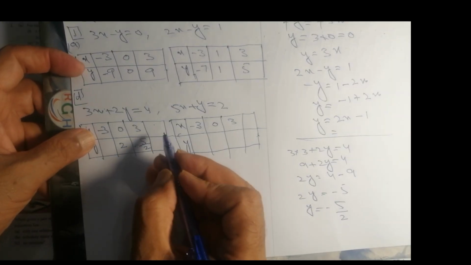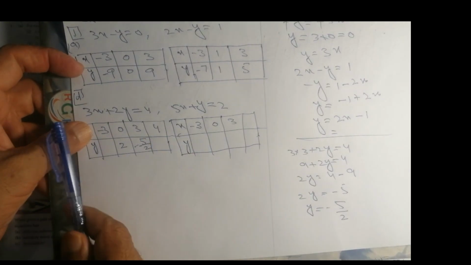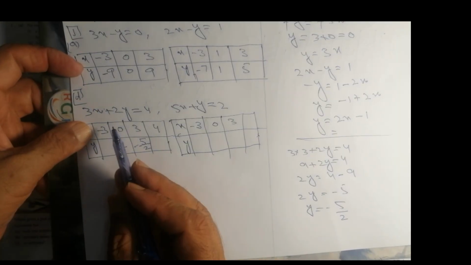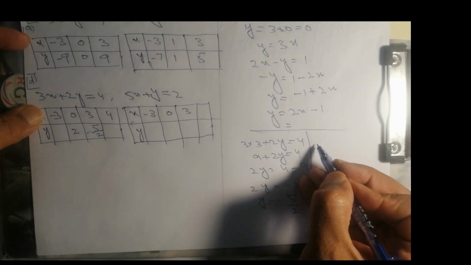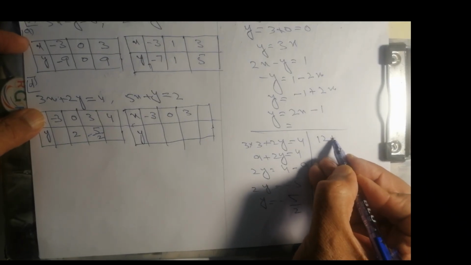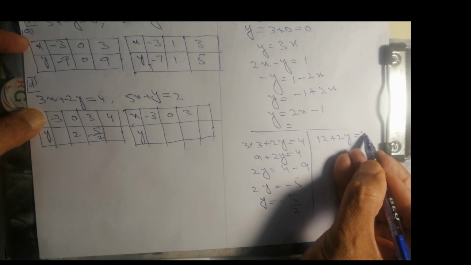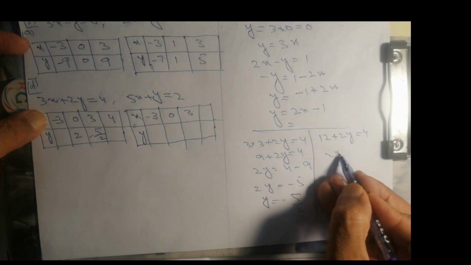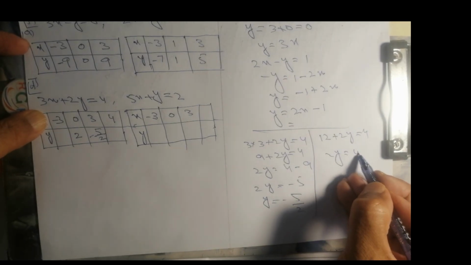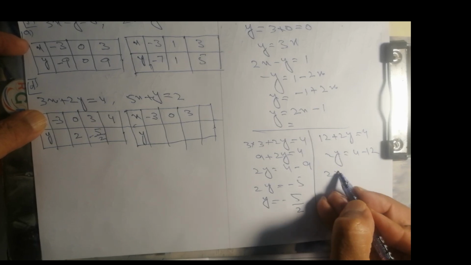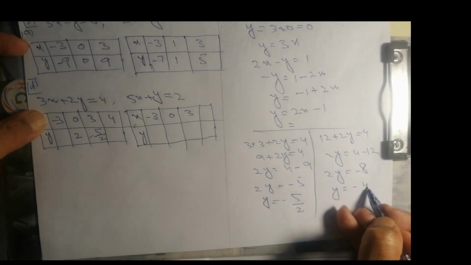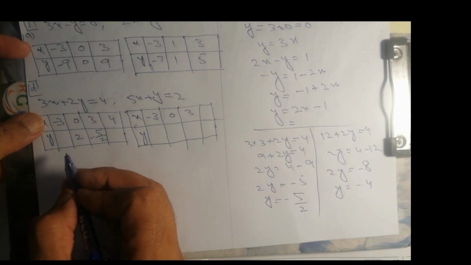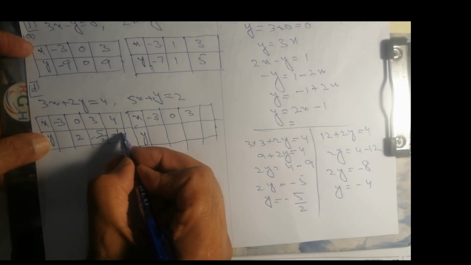So next we take 4: this will be 12 plus 2y equals 4, 2y equals 4 minus 12, 2y equals -8, and y equals -4.